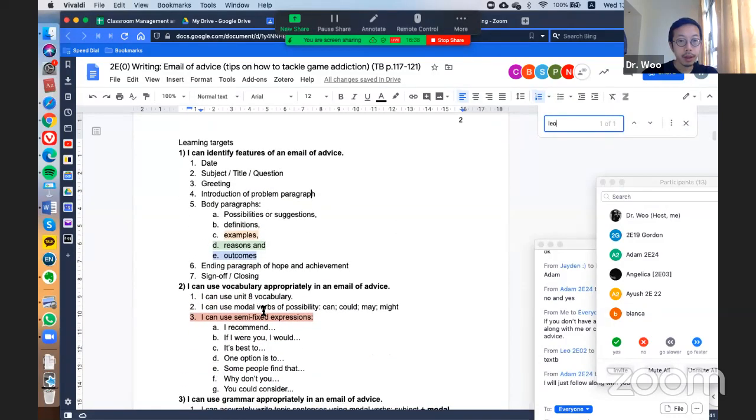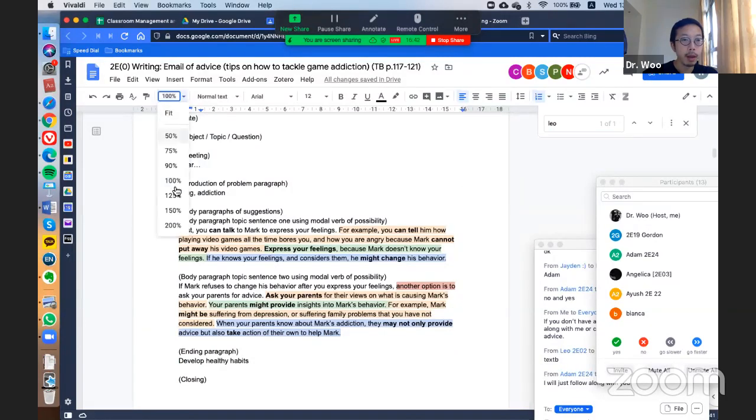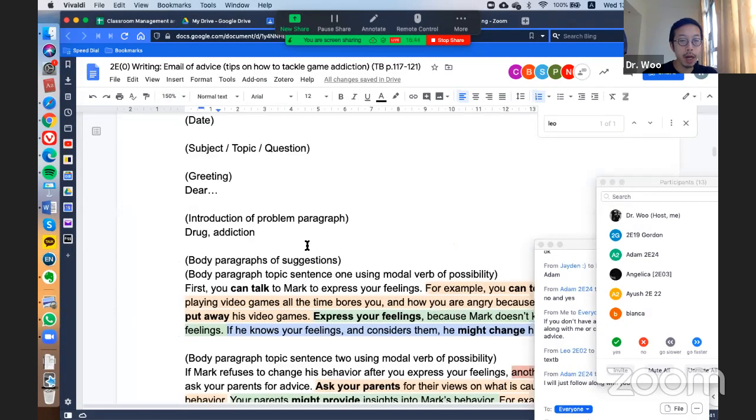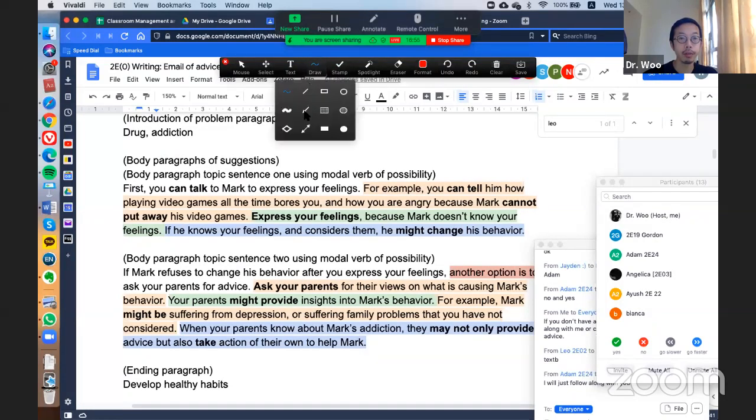All right, so to review, and I'll blow this up, in our last lesson, I wrote the body paragraphs. Try to write at least 2 body paragraphs of suggestions. So I have 2 body paragraphs.